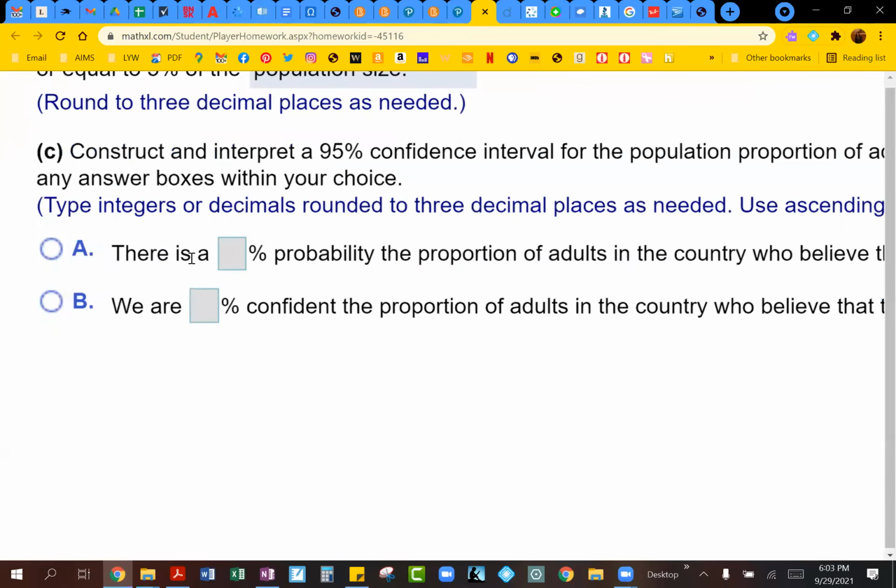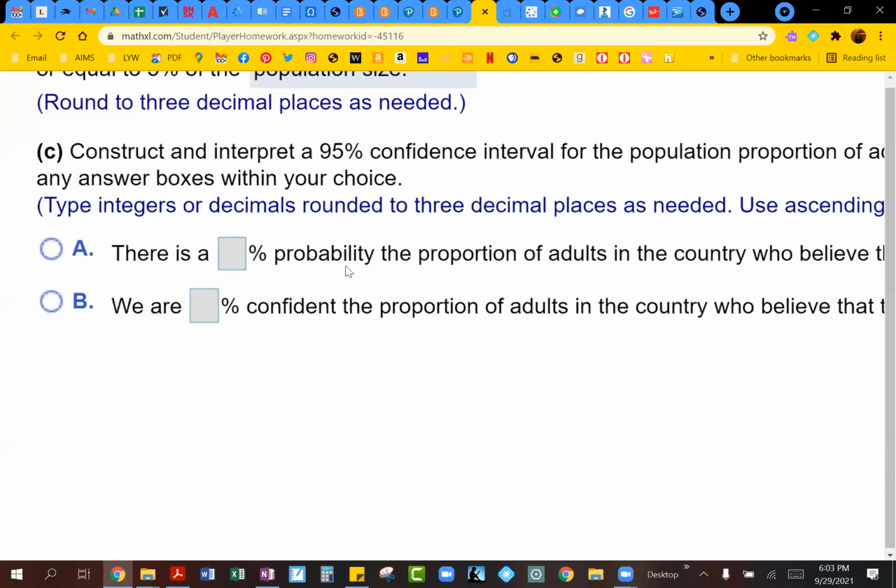The first one is talking about there is a blank probability that the proportion of adults believe they can do without television. The second one says we are blank % confident that the proportion of adults in the country believe they can do without television. So remember, we're calculating the 95% confidence interval.